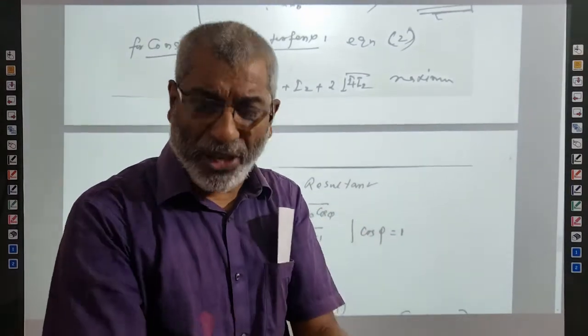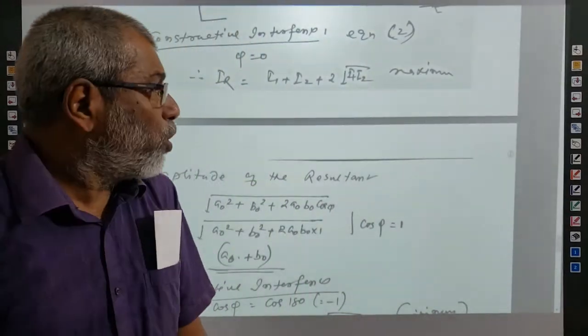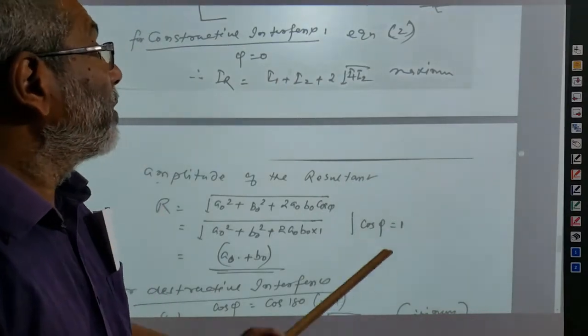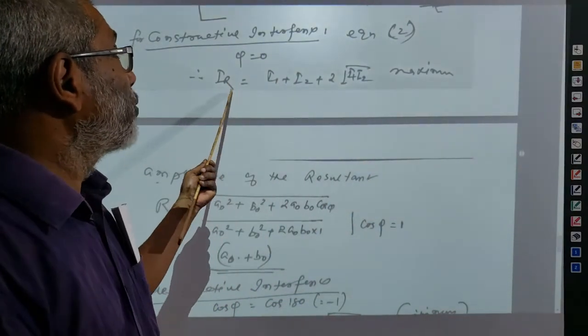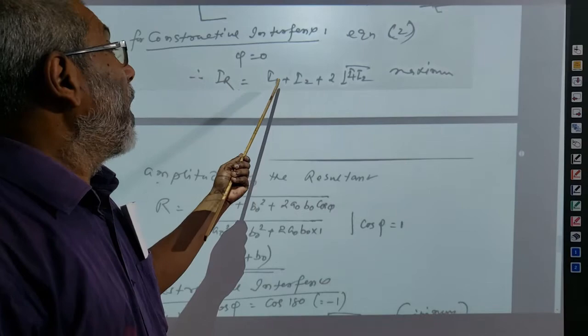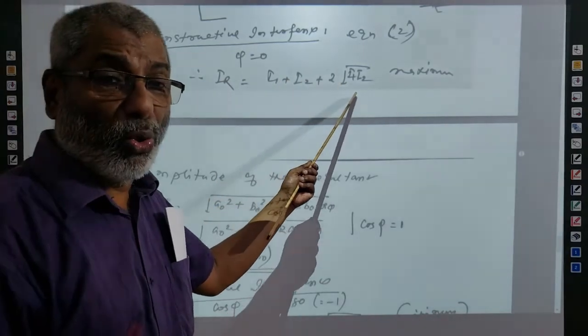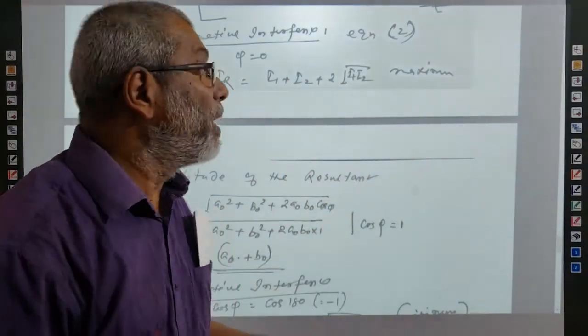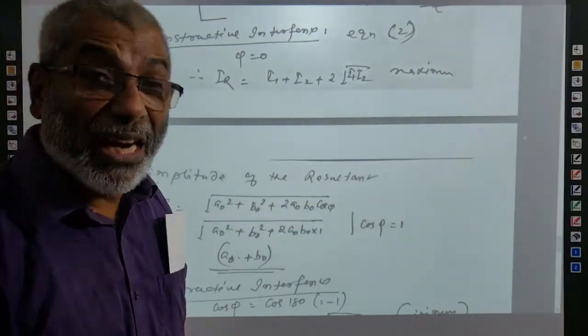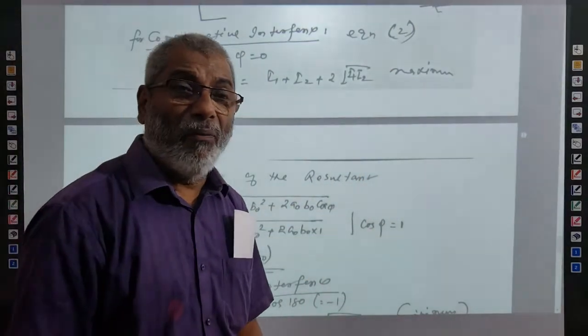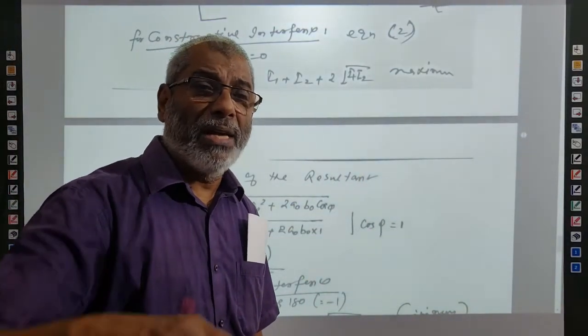In phase means phi is equal to 0, then cos phi is equal to 1. Therefore, we can write IR is equal to I1 plus I2 plus 2 root I1 I2 into 1. So this is the general expression for intensity when two waves are interfering constructively.